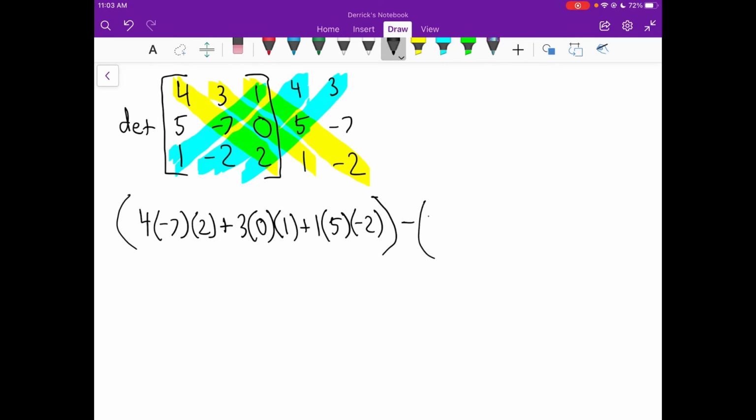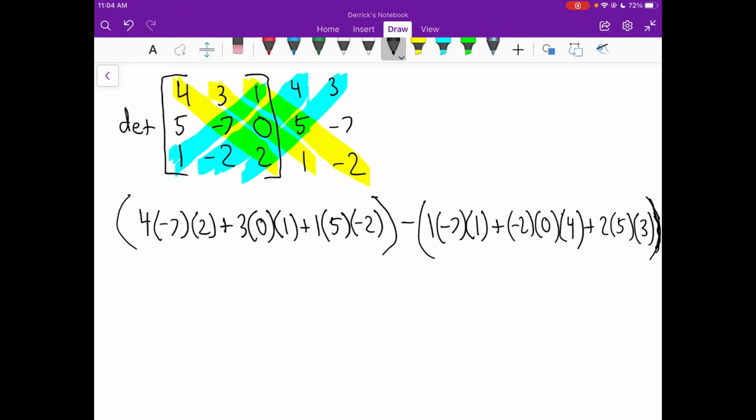So I've got 1 times negative 7 times 1 plus negative 2 times 0 times 4 plus 2 times 5 times 3. Now I want to get one number for my downhills and one number for my uphills.